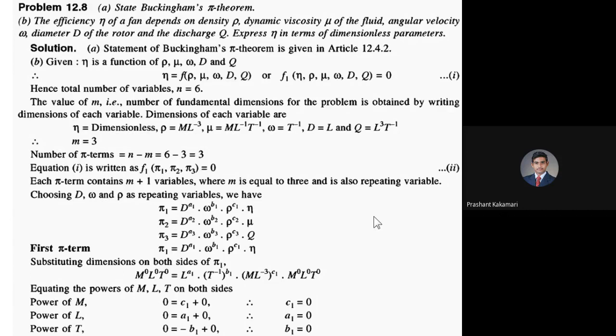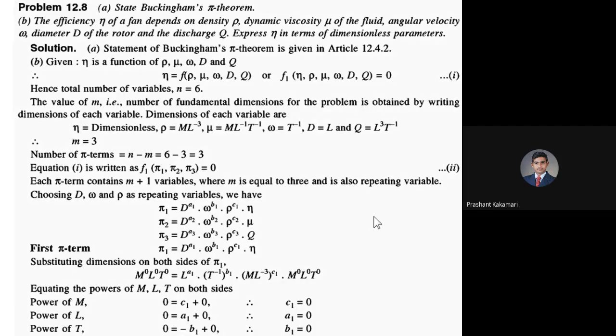So it depends on rho, mu, omega, diameter, and discharge, five terms as in the earlier problem. One more variable is efficiency, so totally 6 variables are there. Now in the question you can see: express efficiency in terms of dimensionless parameters.